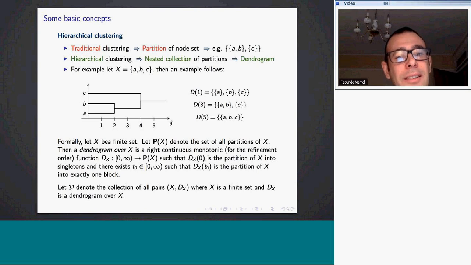D of 0 gives you the partition into singletons, and at some large scale T the dendrogram gives as output the partition into only one block. We write D for the collection of all pairs X, D sub X, where D sub X is a dendrogram over X.